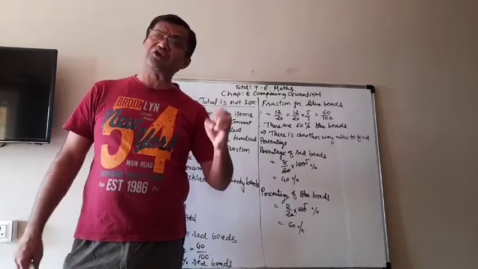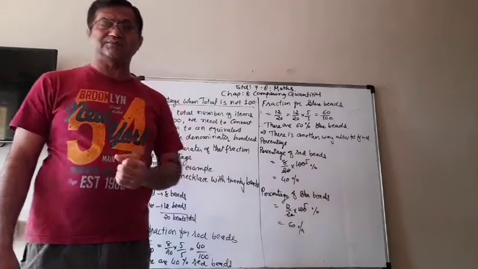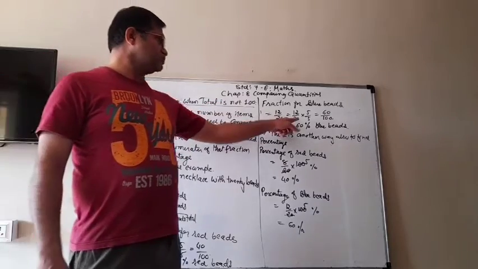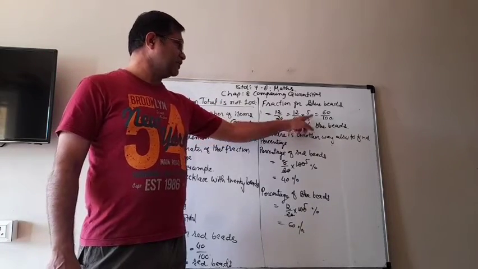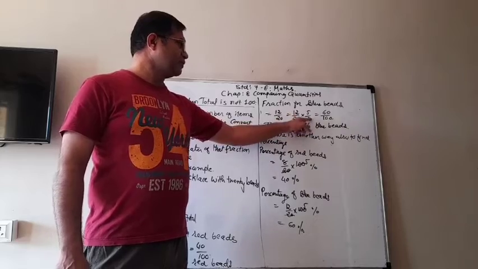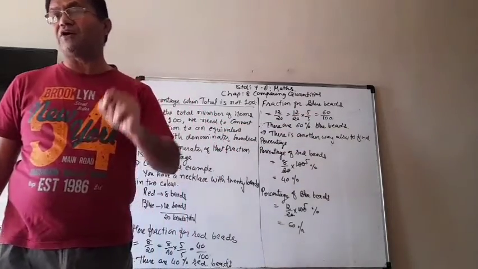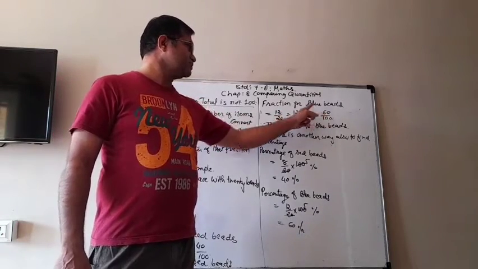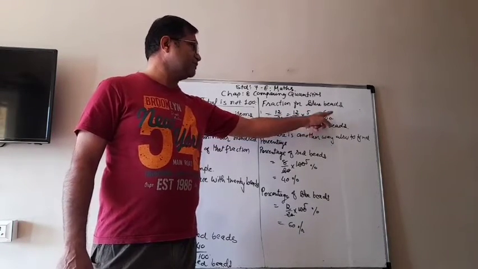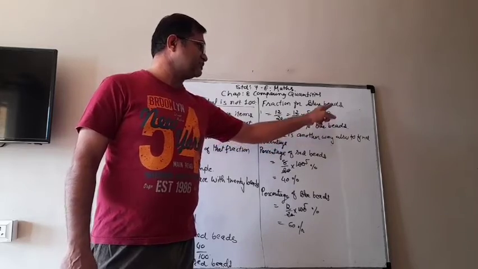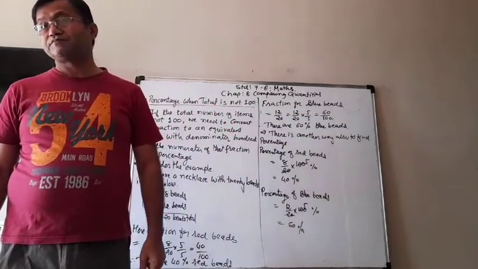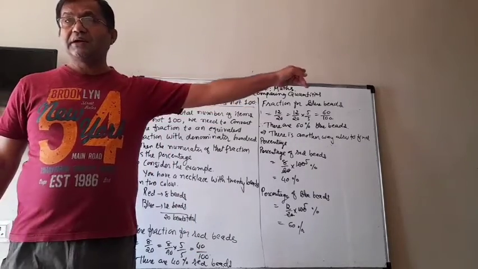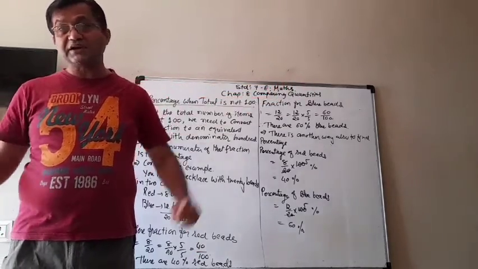So we find an equivalent fraction of 12 upon 20 such that we get 100 in the denominator. Here also 20 fives are 100. So we multiply numerator and denominator both by 5, and we get 12 fives are 60 upon 100. It means there are 60% blue beads. And make sure that the total is 100: 40% plus 60% makes 100%.